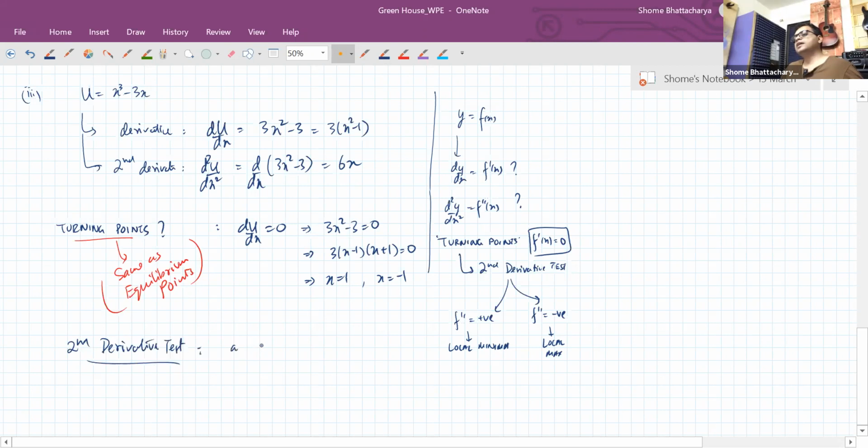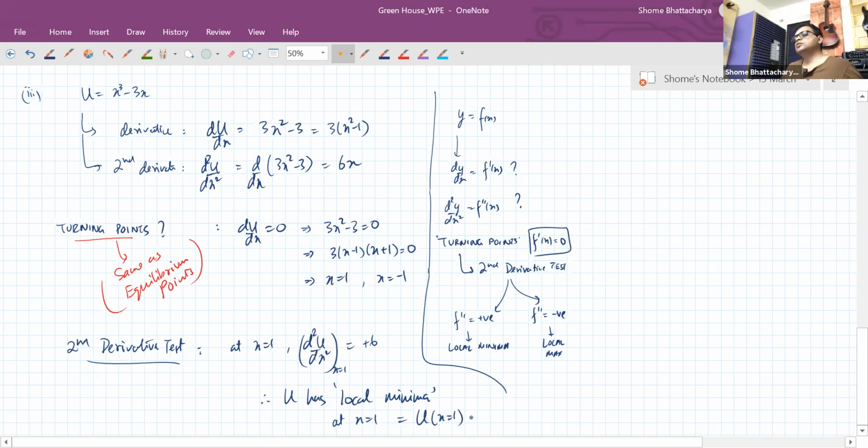So we can see that at x equal to 1, the second derivative's value is plus 6. So it's positive. Therefore, u has local minima at x equal to 1. That is equal to the value of u at x equal to 1.